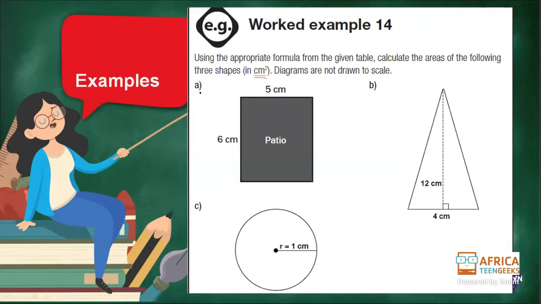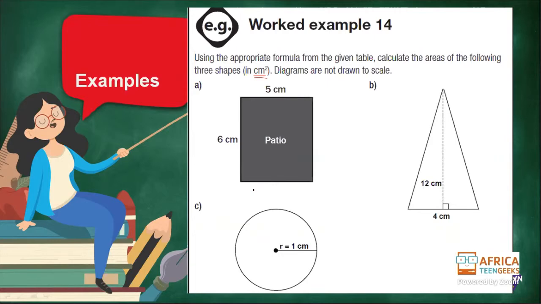Okay, number A. You first need to identify what shape this is. Then use the appropriate formula. Learners, I'm assuming this is easy for most of you.